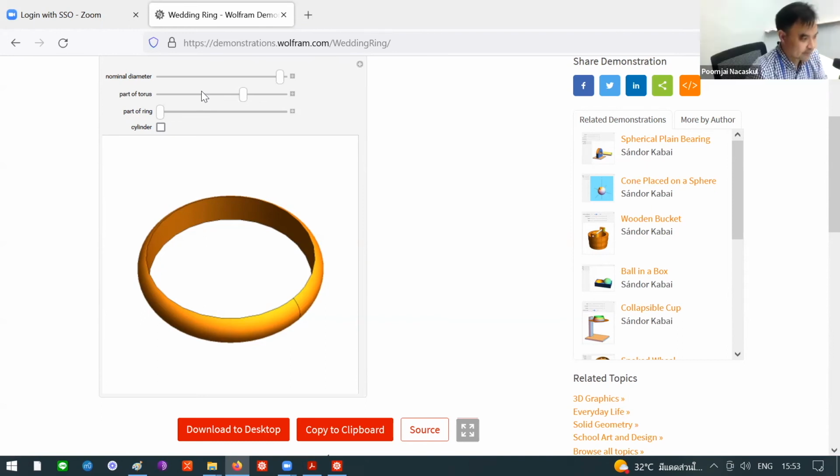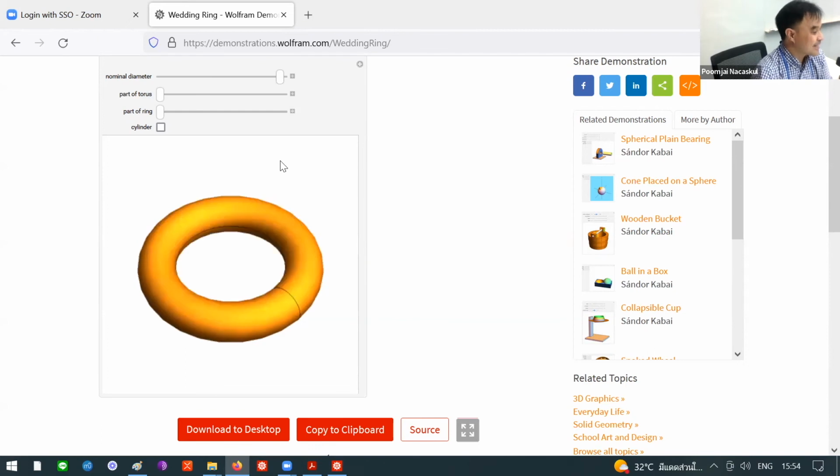Now, technically speaking, if this torus were made of a stretchy material, you can stretch it lengthwise and here and there and so forth.